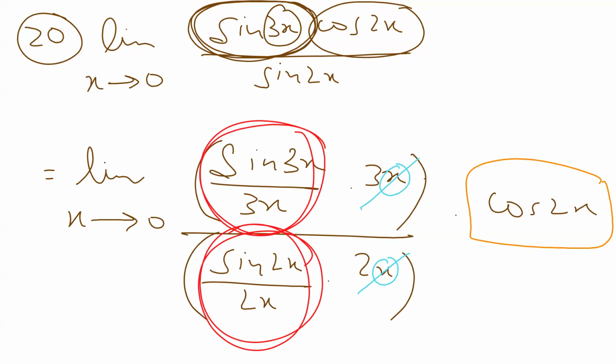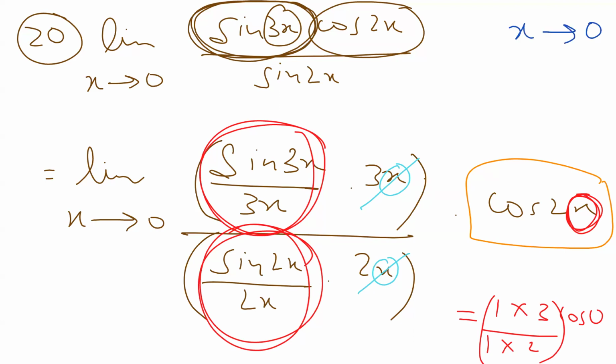It'll become cos 2 into 0, so it'll become 1. So this is going to be 1 into 3, 1 into 2, cos 2 into 0, which is cos 0, and cos 0 is 1. The answer is 3 by 2.